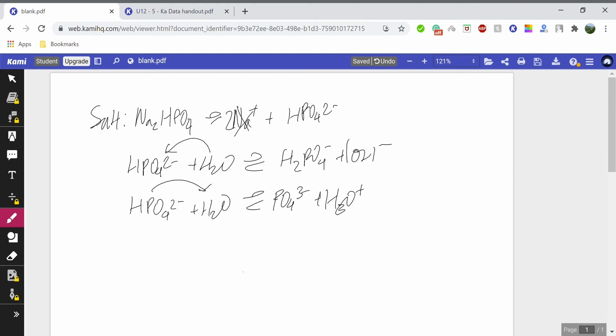Well, first of all, this reaction produces OH-, so we'll be using Kb, and this one produces H3O+, so we'll be using Ka. When you compare the Kb and the Ka, let's do the bottom one first. What is the Ka of HPO4 2-?